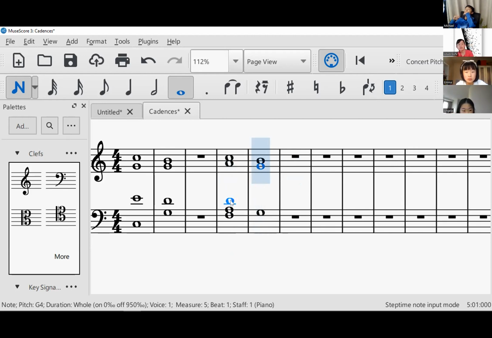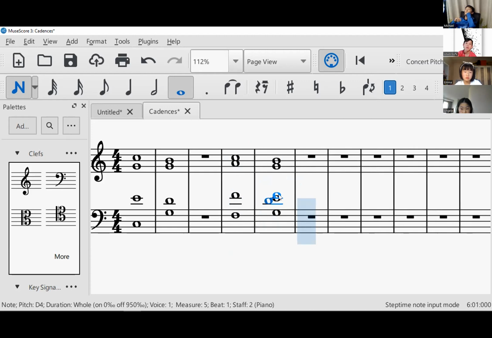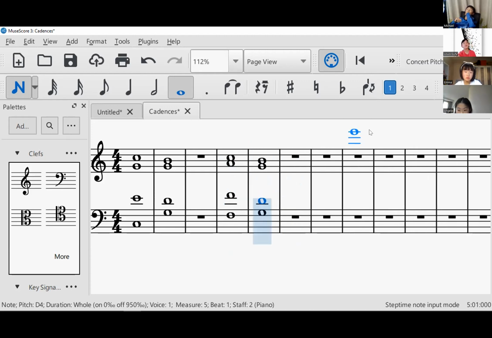That's a 4-5. Sorry, wrong notes. Yep, that's a 4-5 in C major.